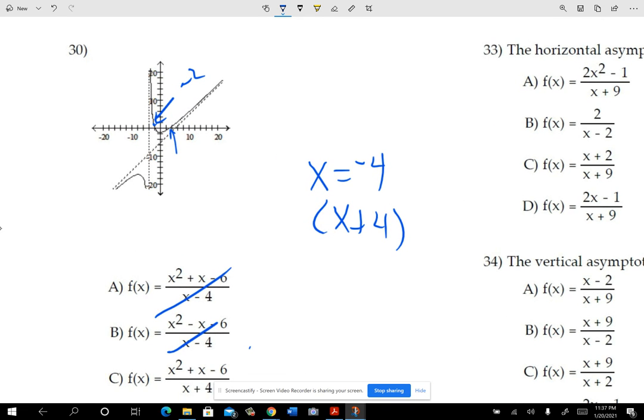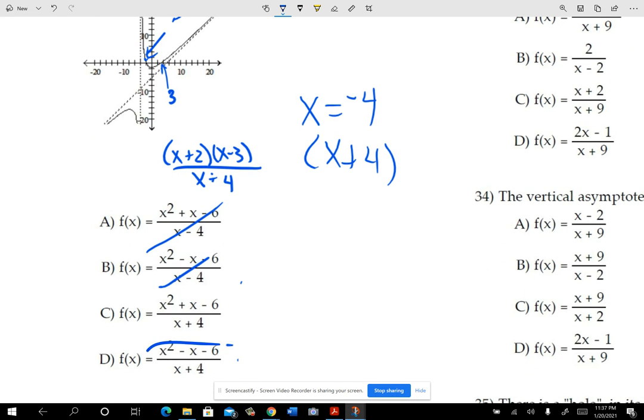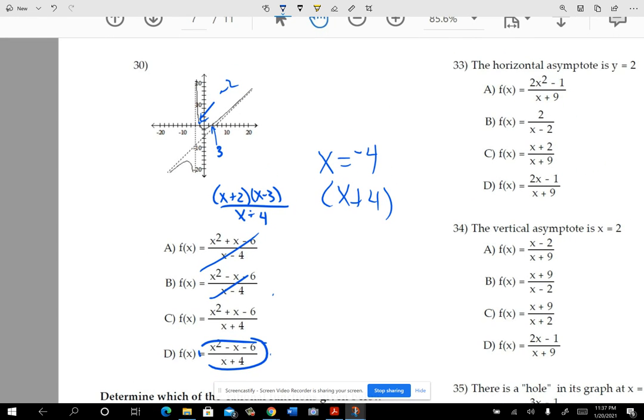I think it's in between the 2 and the 4, so I'd say over at 3. So you would have an x plus 2 and an x minus 3 on top. So it should be that. And then you could work it out and see that it would be this one.